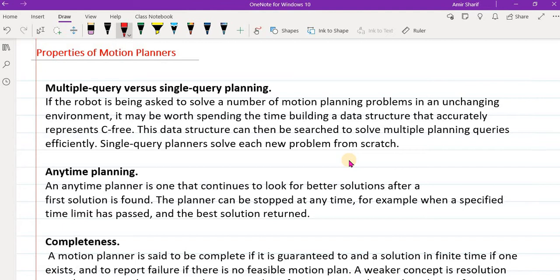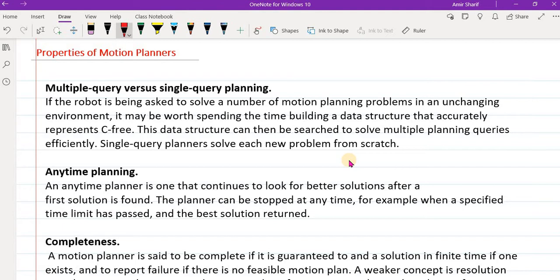In this case you have to solve the problem keeping in mind that you build your data structure to represent your C-free in such a way that you don't need to repeat steps again and again.